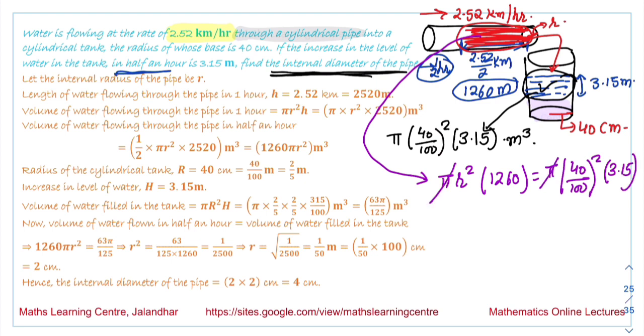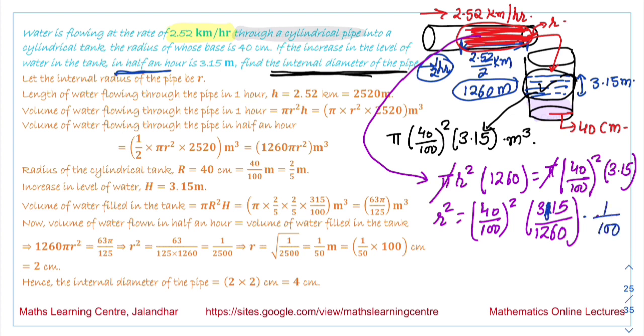So pi and pi get cancelled. The value of r square is (40 by 100) square into 3.15 by 1260. If we remove this decimal from here, we get 1 by 100 over here.